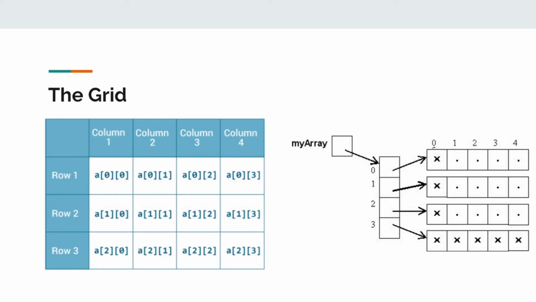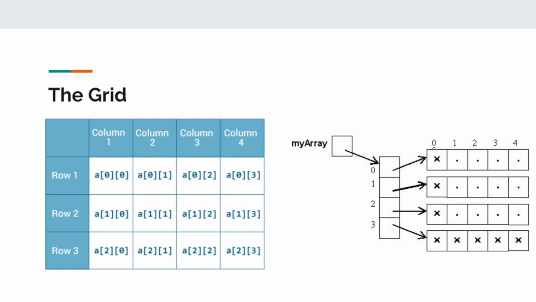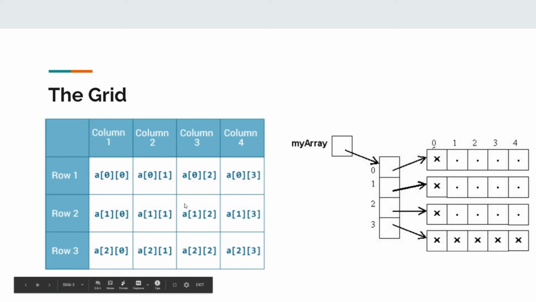That's because instead of having to deal with 4 separate arrays, we can just deal with one big array. So as we see in the image on the left, using a 2D array, in this case a 3x4 array, will look like a grid of 12 numbers with 3 rows and 4 columns.